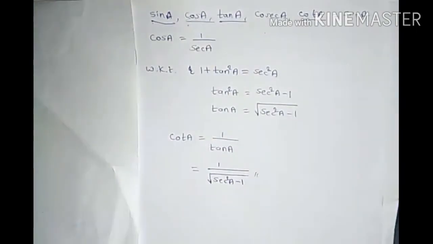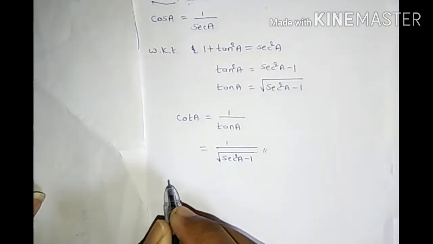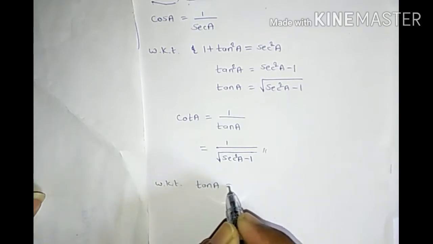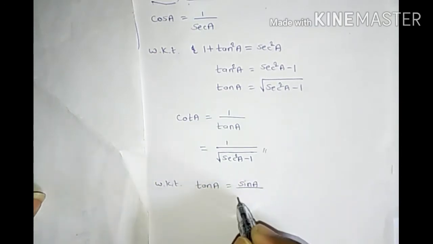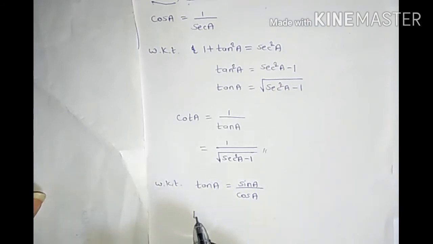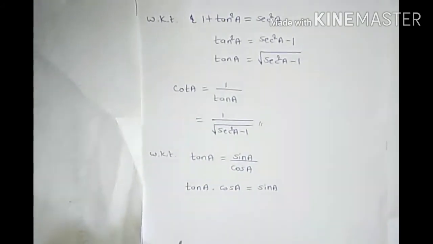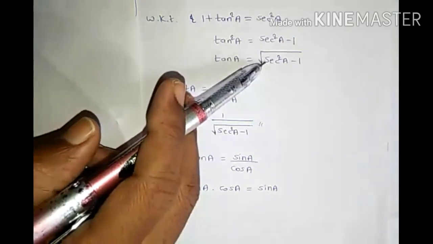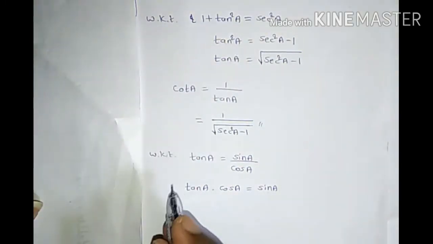Next we will take sin A. We know the identity that tan A equal to sin A by cos A. In this we are representing sin A in the form of sec A. So take cos A to the left side. It becomes tan A into cos A equal to sin A. Now we will write the value of tan A, that is tan A equal to square root of sec square A minus 1.